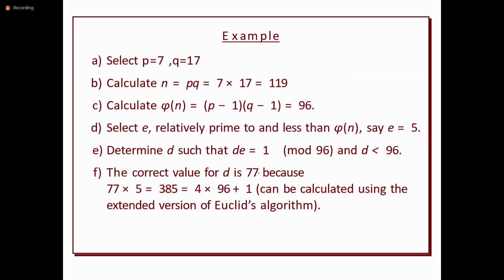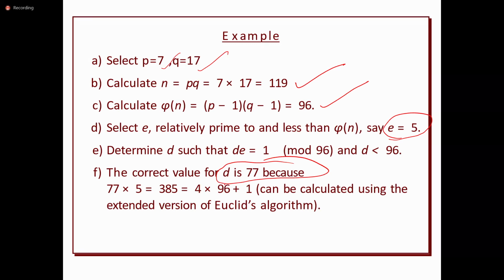This is the same example we discussed till now. If P is equal to 7, Q is equal to 17, the product is 119 and phi of N is 96. We can select the E value as 5, and by determining the D value, which satisfies the condition, it is 77.